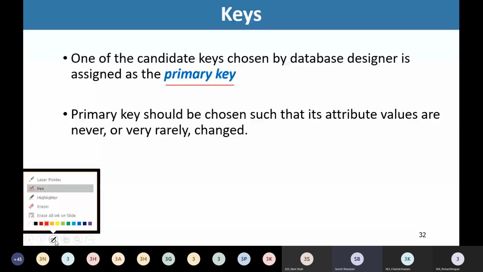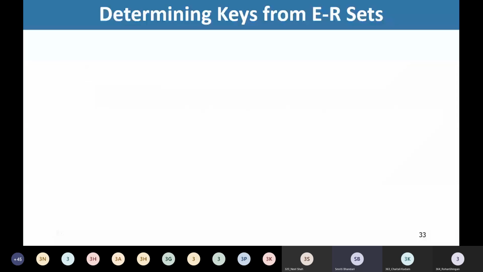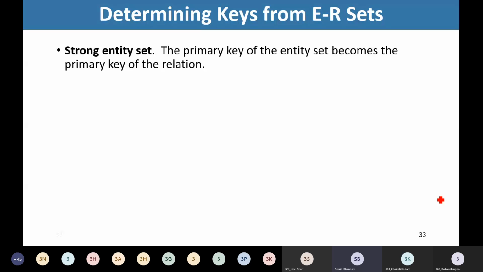Fine. So now let us go to the next concept, and that is determining the keys for different sets. We have gone through these concepts, but once again I am revising them. For a relation from a strong entity set, the primary key of the entity set becomes the primary key of the relation.